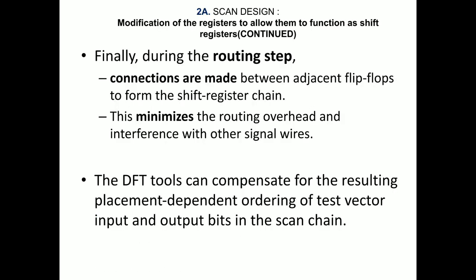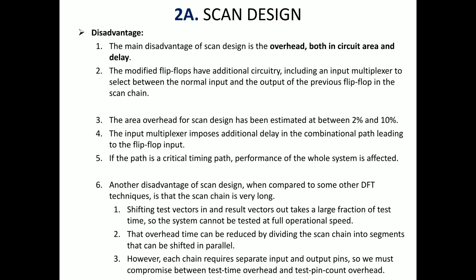The disadvantage is the circuit area is increased. And since we are shifting the test vectors, the input combinations, from register to register, what is happening? Time is also increasing, meaning delay is also increasing. The main disadvantage of scan design is the overhead, both in circuit area and delay. The area increased, and delay also increased here.